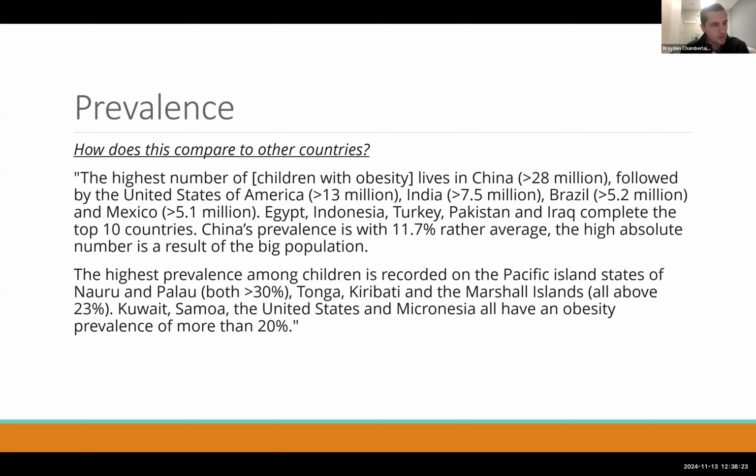However, China, with a much higher population, has a prevalence of around 11.7%, somewhat in the average range for the world. When you compare prevalence or percentage of children, the highest are found in the Pacific Islands, and the only one that's not in the Pacific Islands is the United States, all of these with a prevalence of at or more than 20%.